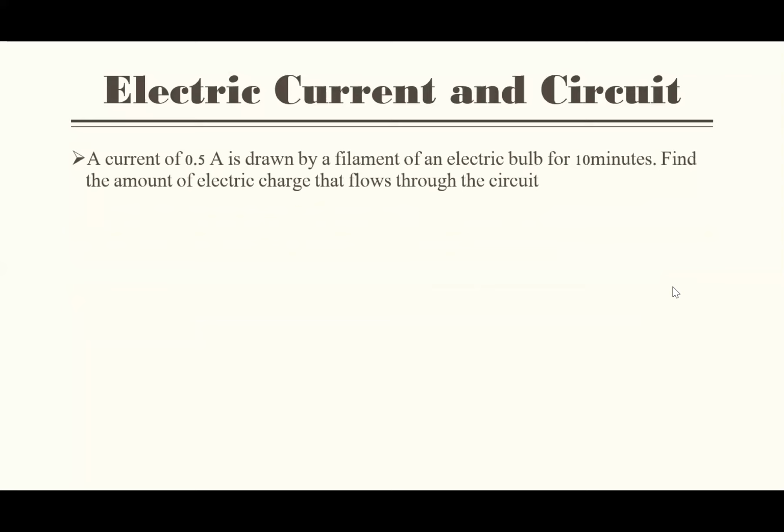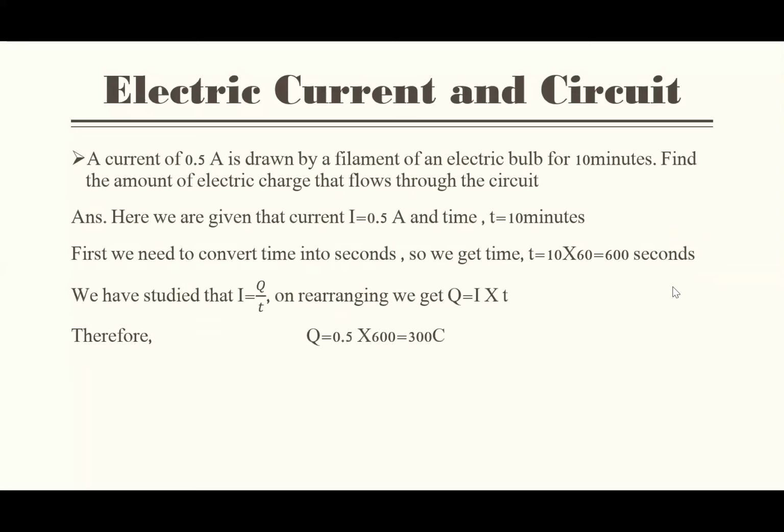Now you can see a question. A current of 0.5 ampere is drawn by a filament of an electric bulb for 10 minutes. Find the amount of electric charge that flows through the circuit. Here you are given the current to be 0.5 ampere. Since you are given the time in minutes, you need to convert it into seconds.